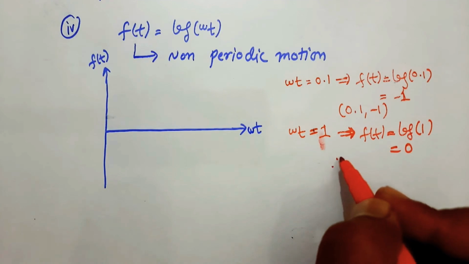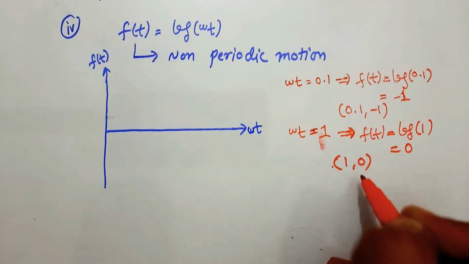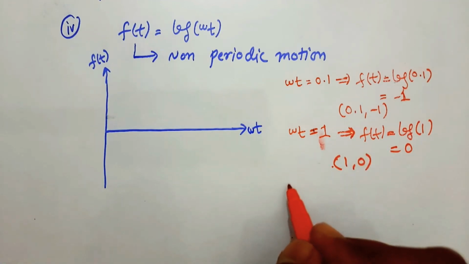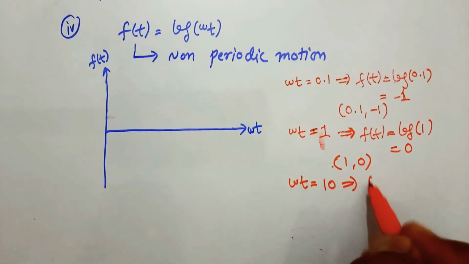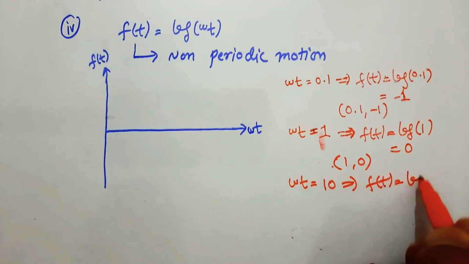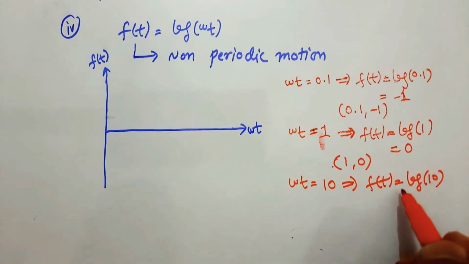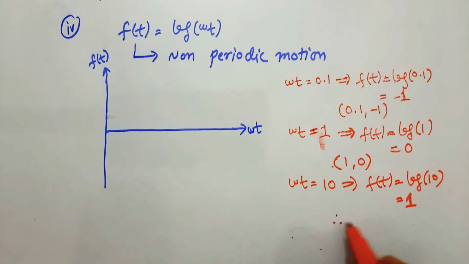So the coordinate is 1 comma 0. If omega t is 10, f of t is log 10, and log 10 is 1. So the coordinates are 10 comma 1.